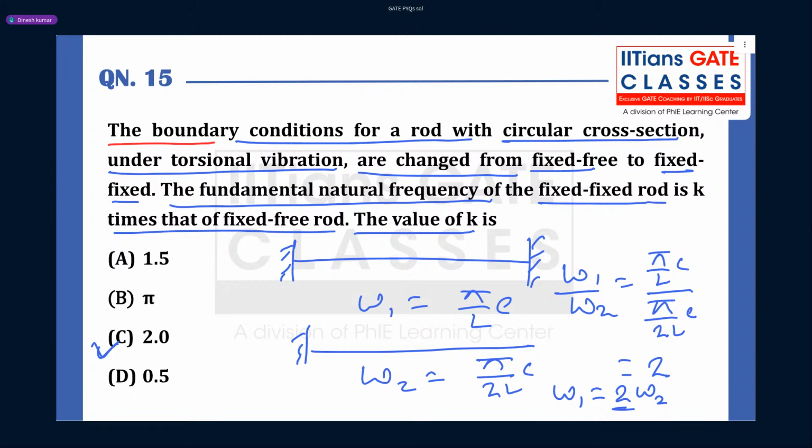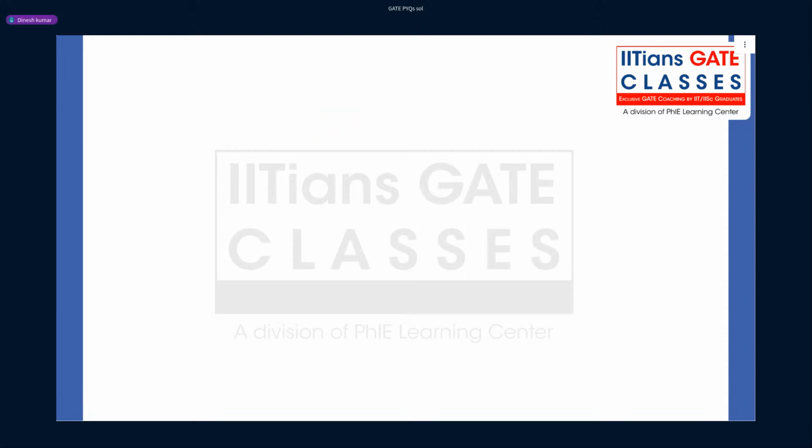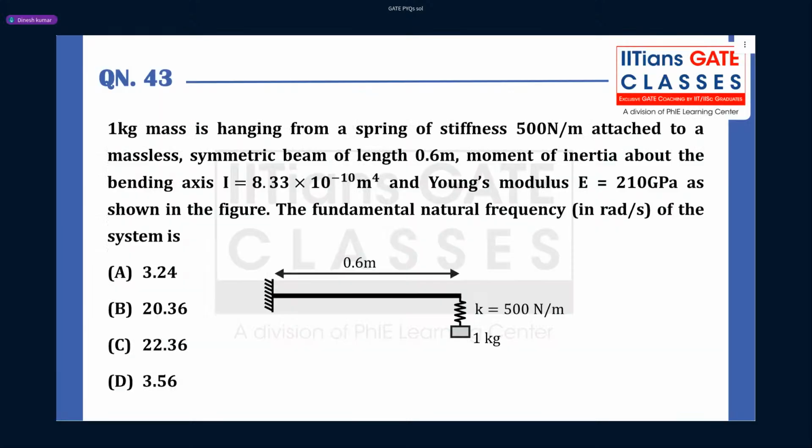They asked for fixed free case frequency in terms of fixed. Now they are asking fixed case frequency in terms of fixed free. That's why that was 1 by 2 and now it is 2. Okay, so let's move to next question.